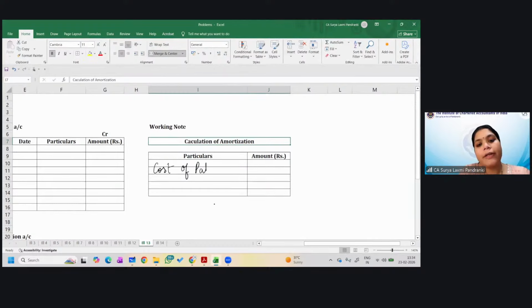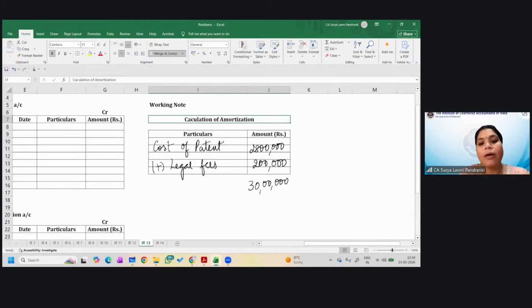What is the cost of patent? 28 lakhs. And then you add legal fees to it, which is 2 lakhs. This will come down to 30 lakhs, right? So the total cost of the patent is how much? 30 lakhs, right? Now, useful life is how much?